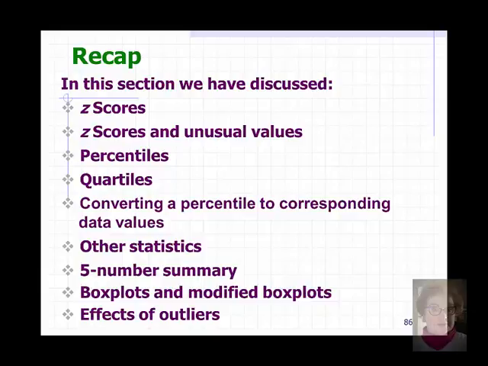When we talk about the 5-number summary, outliers don't affect that very much other than the range. And so the median is a much more resistant measure of center than the mean. So when we have outliers or we have skewed data, the 5-number summary may be a better summary than the mean and the standard deviation.